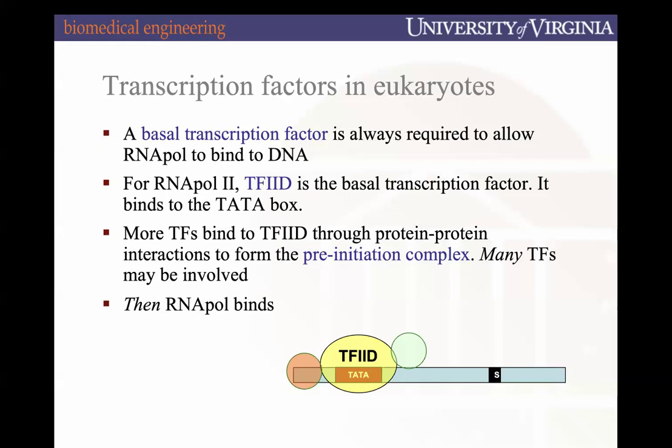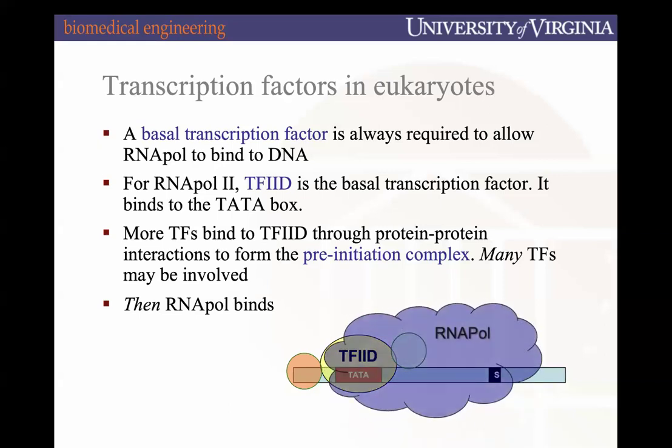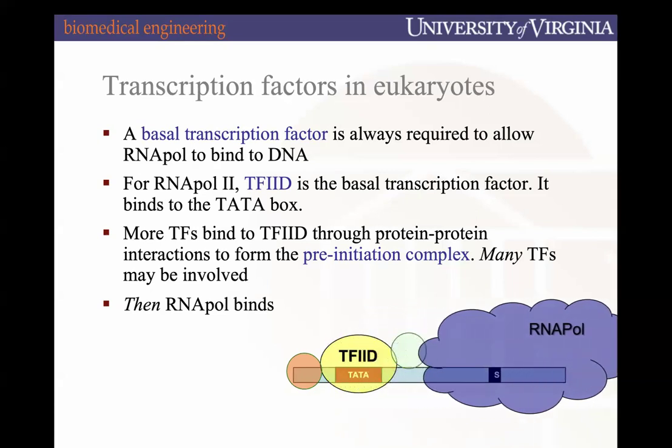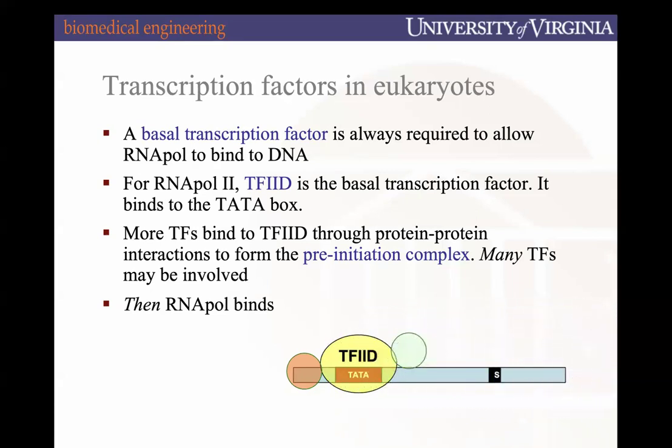Once these transcription factors bind, and they always do so before RNA Pol II, they're going to promote the recruitment of RNA Pol II to the promoter, which will then promote subsequent transcription across that gene, across that transcriptional unit.